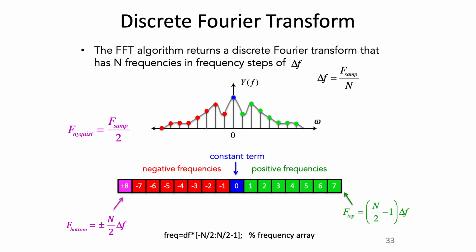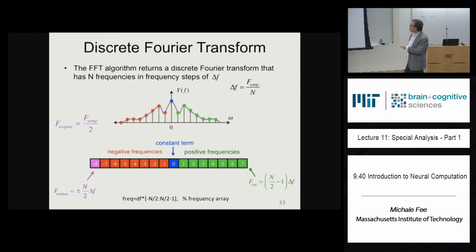And the Fourier coefficients are complex numbers associated with different frequencies. So the middle coefficient that you get will be the coefficient for the constant term. This coefficient down here will be the coefficient for the minimum frequency, and that coefficient will be the coefficient for the maximum frequency, the most positive frequency. Okay? All right, does that make sense?